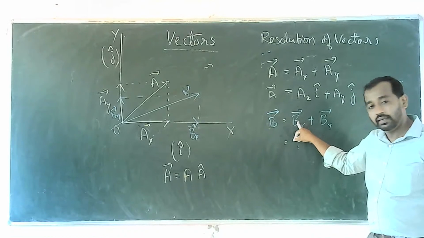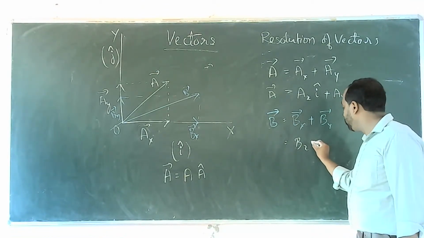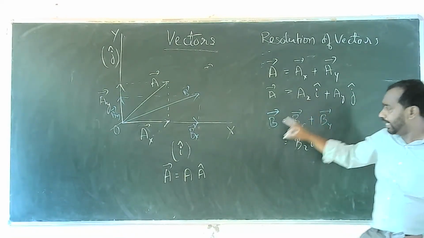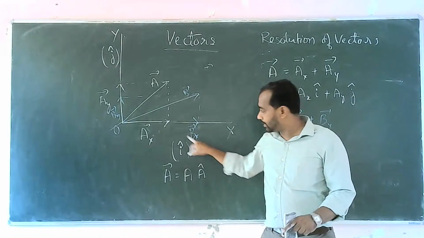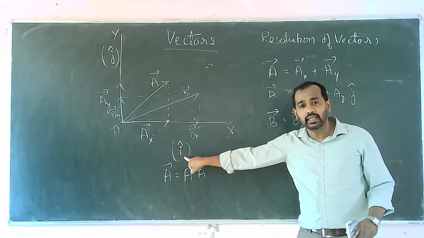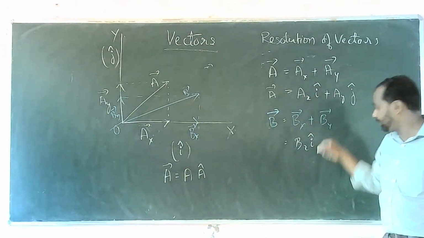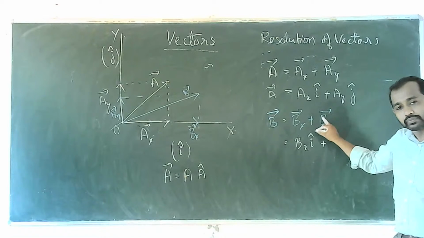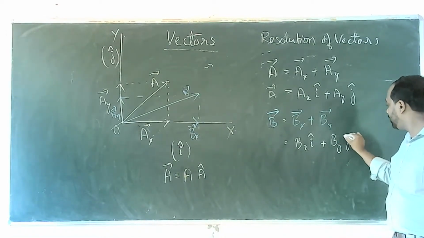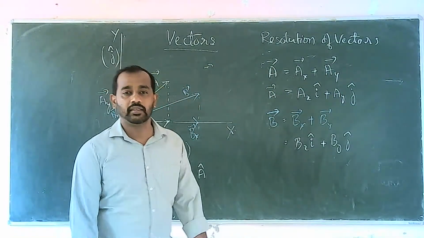Okay, similarly, for B, it is Bx into again i cap itself, because whether it is Ax or Bx, they are along the x-axis, they are along the direction of i cap itself. So therefore it is i cap itself. Similarly, for By into j cap. Okay, for the 2-dimension.